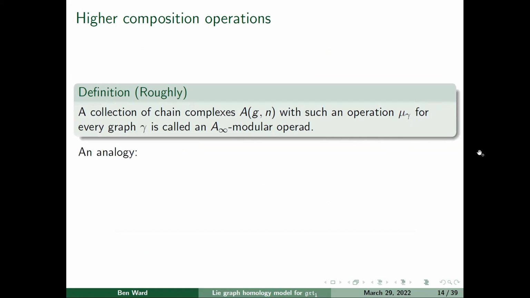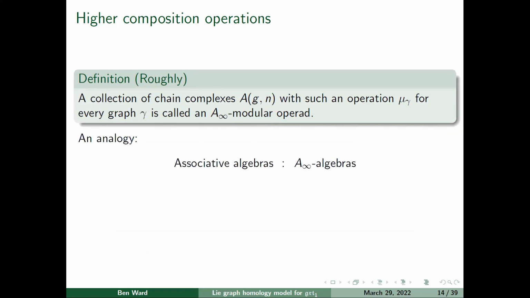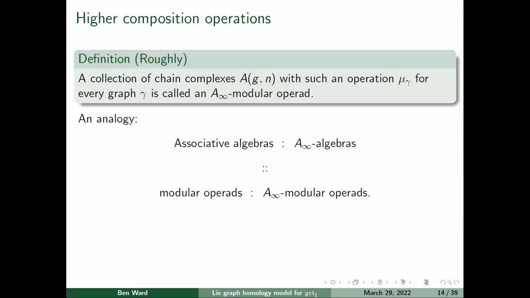And we use this terminology to make an analogy between associative algebras and the process of resolving those to get A infinity algebras, and modular operads and resolving those to get A infinity modular operads.